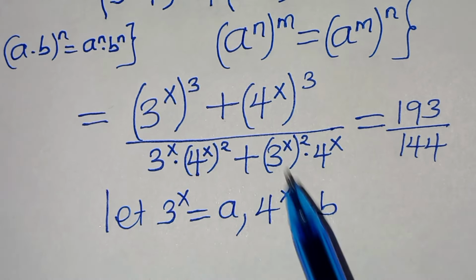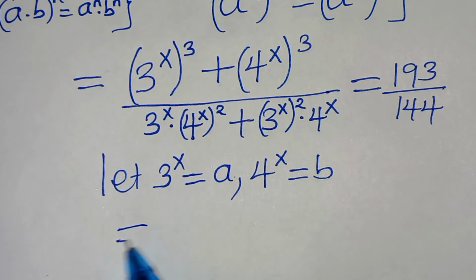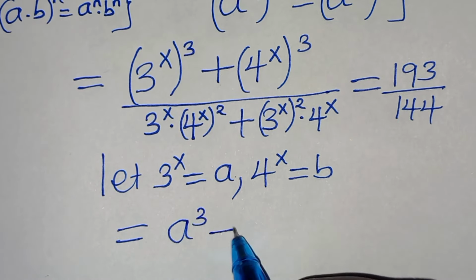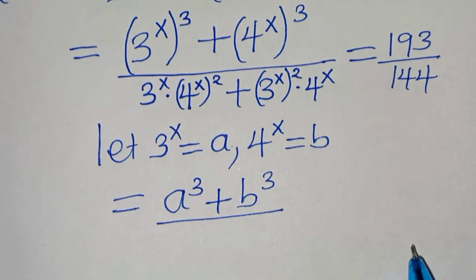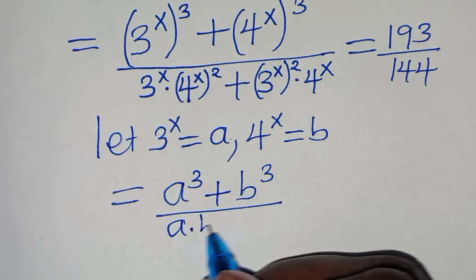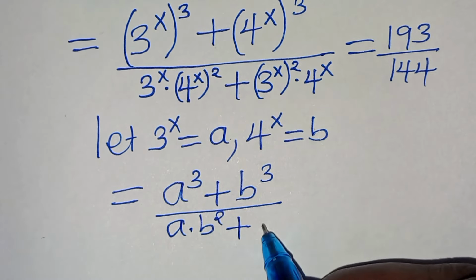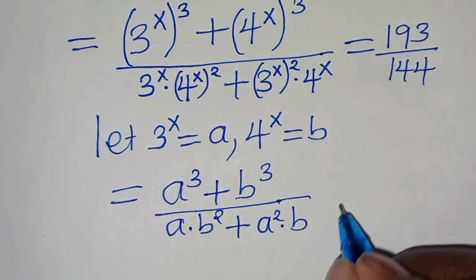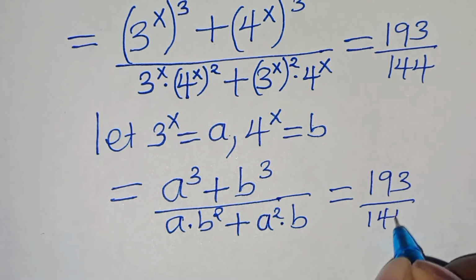So let's express this equation here in terms of a and b, so that now in the numerator here we have a to the power of 3 plus b to the power of 3, then divided by, now we have a times b to the power of 2, then plus, here we have a to the power of 2 multiplied by b. This is equal to 193 over 144.